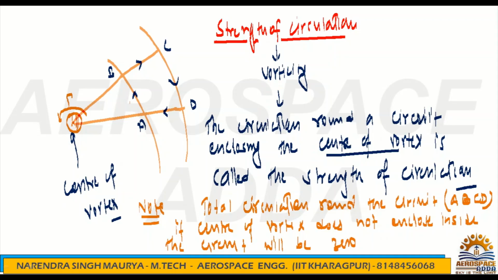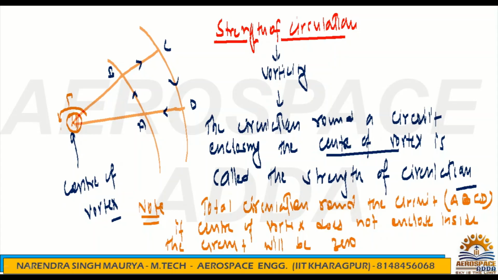Next class I will prove it. Based on this, three times GATE asked a 2-mark question. They simply asked to find out the total circulation, and they had given the circuit also. It was a very lengthy question. But in one case, the center of vortex was just outside the circuit, I mean, that circuit was not enclosing the center of vortex.